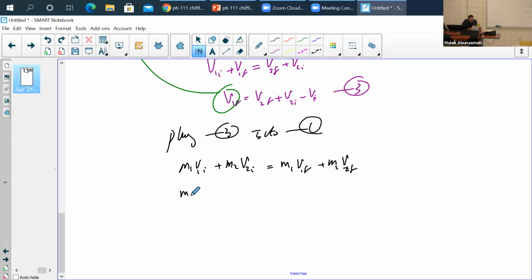That means your M1 V1 initial plus M2 V2 initial is gonna equal M1 times (V2 final plus V2 initial minus V1 initial) plus M1 V1 final.